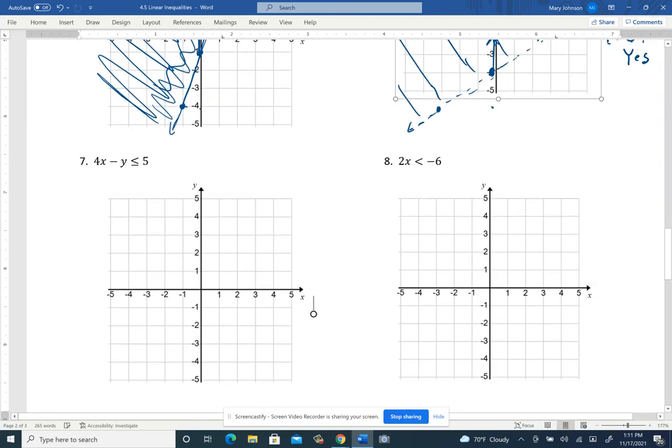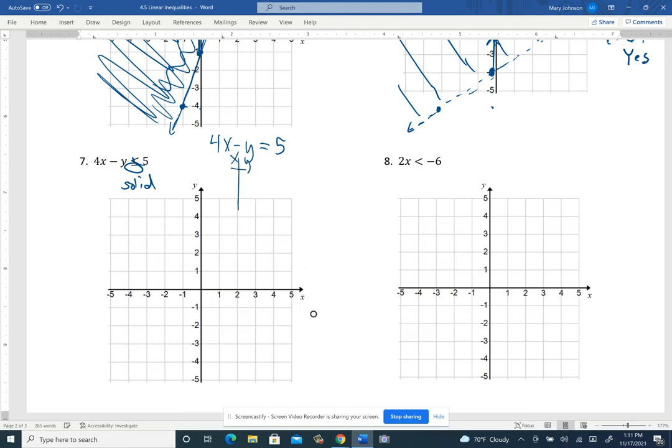All right, so now I'm graphing the line 4x minus y is less than or equal to 5. So notice how it's got the or equal to. That tells me when I do draw the line, it's going to be solid. When I graph 4x minus y equals 5, which is what I'm going to do first, I could solve for the y variable or just find ordered pairs that make this true.